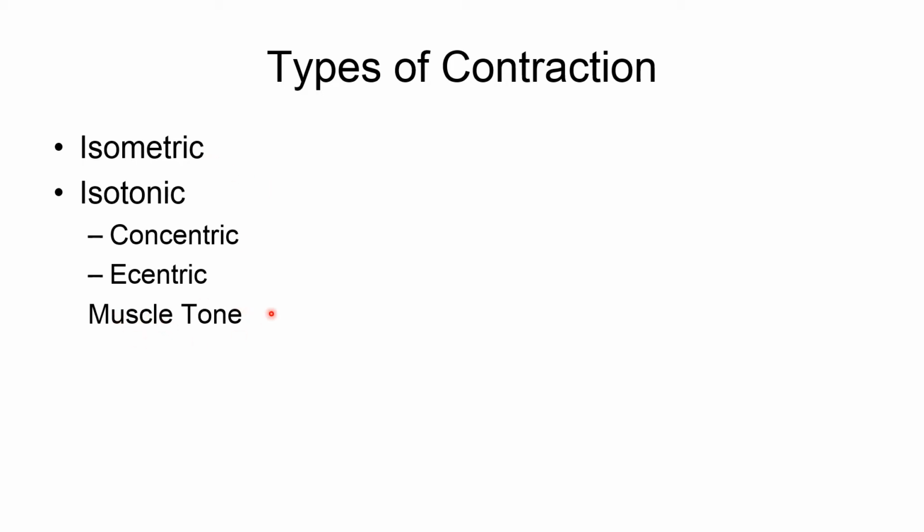Then we have another type of contraction called muscular tone. Muscular tone is a sustained, slight contraction in all the muscles of the body, even when the muscles as a whole are relaxed. We can differentiate this in a conscious and an unconscious person.